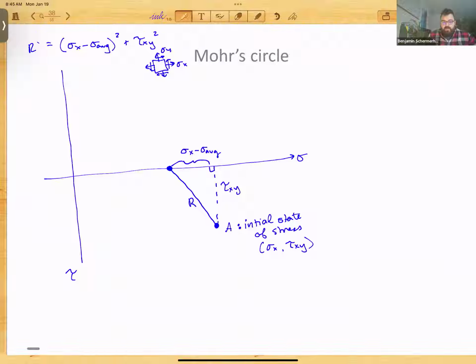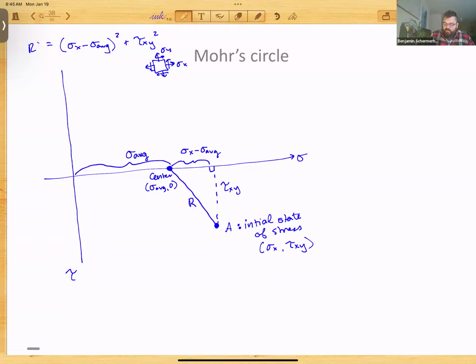Which means that if this is our generic triangle, sigma average is going to have to be the definition of where the center is. So our center is going to be defined as sigma average with no tau.